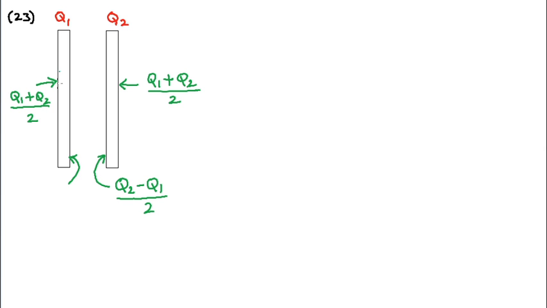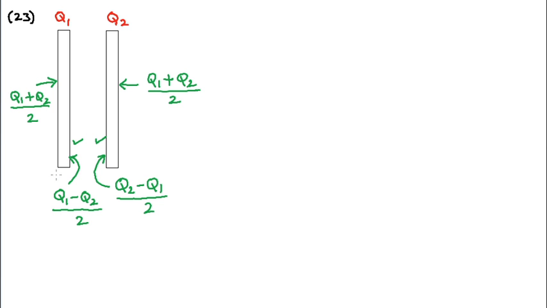So it will be Q1 minus (Q1 plus Q2) upon 2, or alternatively we know the result that the charges on this face and this face must be equal in magnitude but opposite in sign. So this charge would be (Q1 minus Q2) divided by 2.